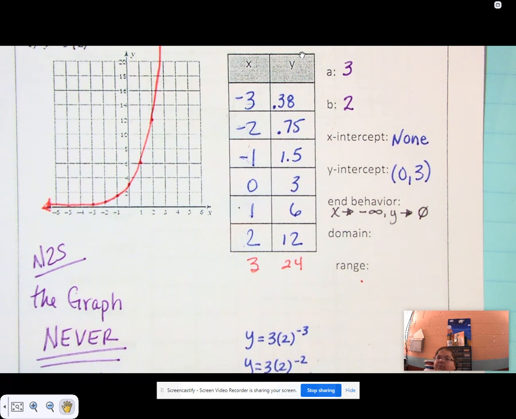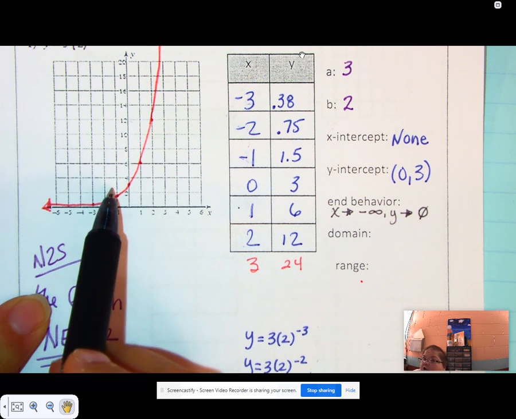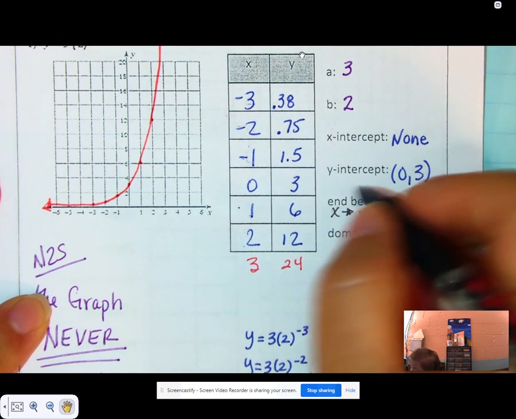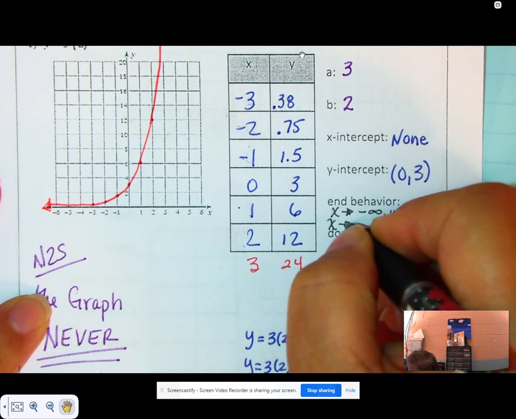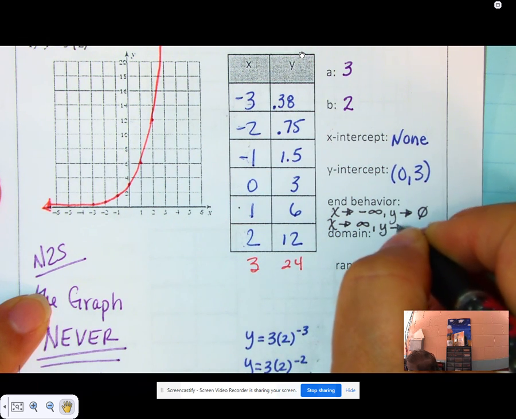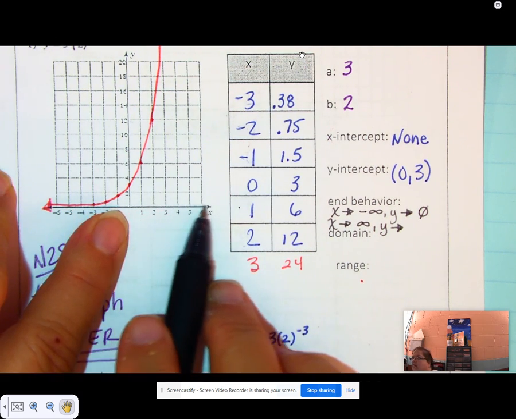Now remember, the word is approaching. It's never going to get there, but it's approaching 0. So that's the end behavior for y when you're talking about the end that is going real close to that x-axis. But now let's talk about when x is approaching positive infinity, y is approaching, now, x to the right is positive infinity.